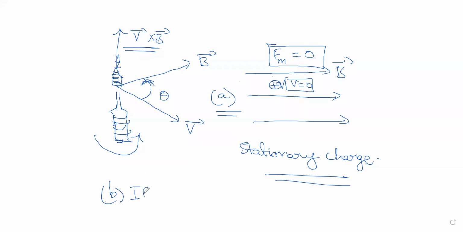If B bar is 0, magnetic force is 0. B bar is 0, Fm is 0. If there is no magnetic field, there is no magnetic force. These are two trivial cases you have to know. Clear?